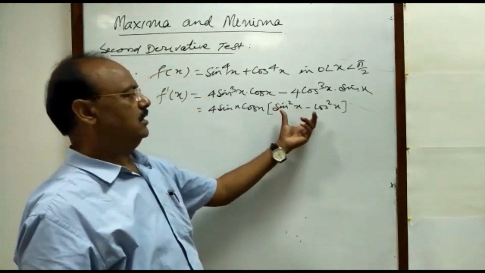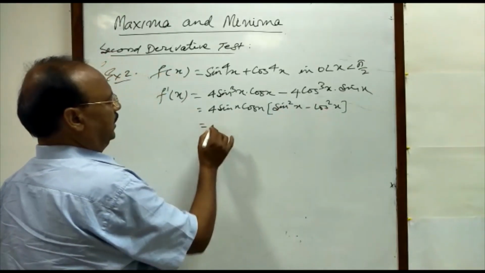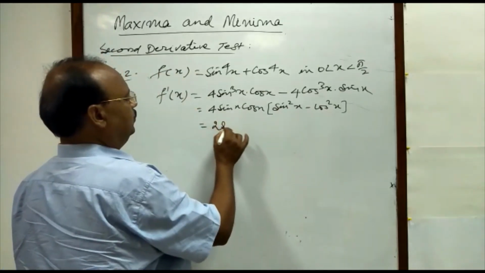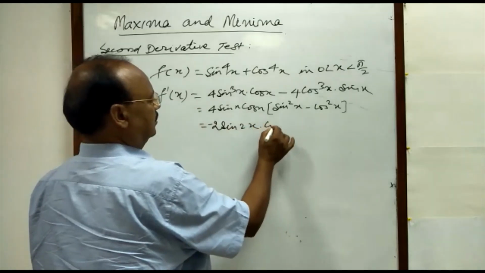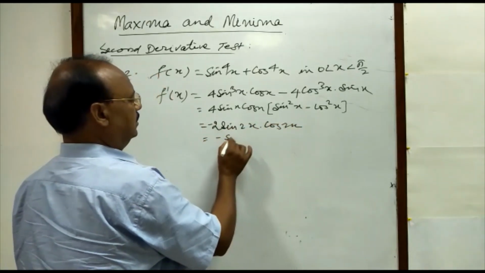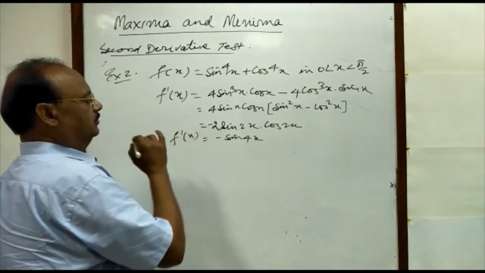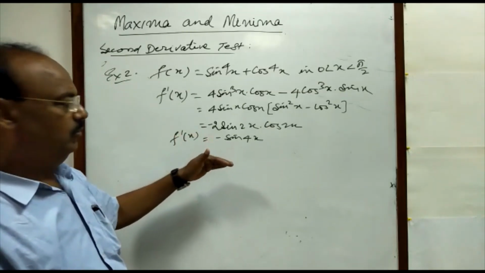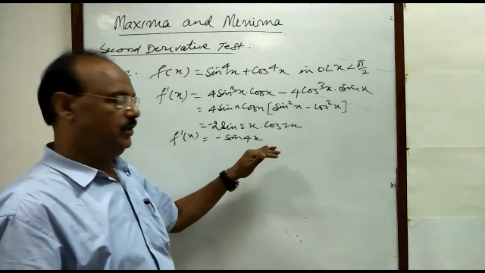You know, this is equal to minus cos 2x. And here we will get sin 2x. So this is 2 sin 2x minus cos 2x, and this is equal to minus sin 4x. This is first derivative.